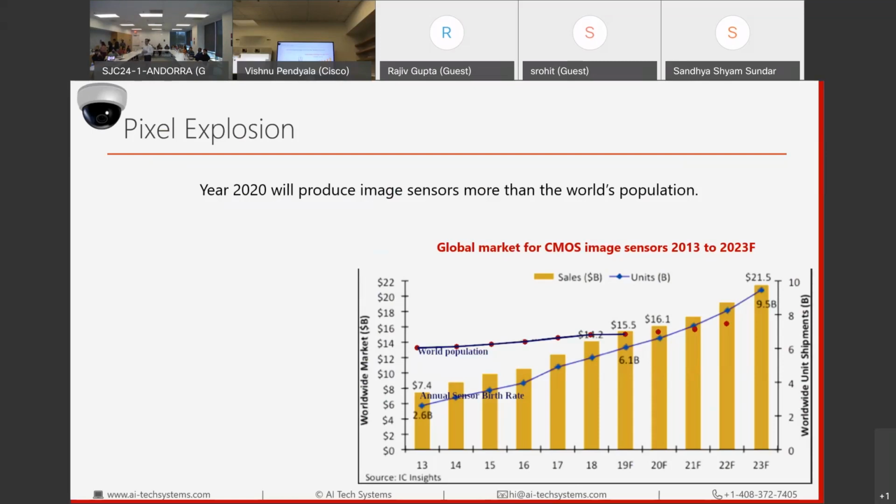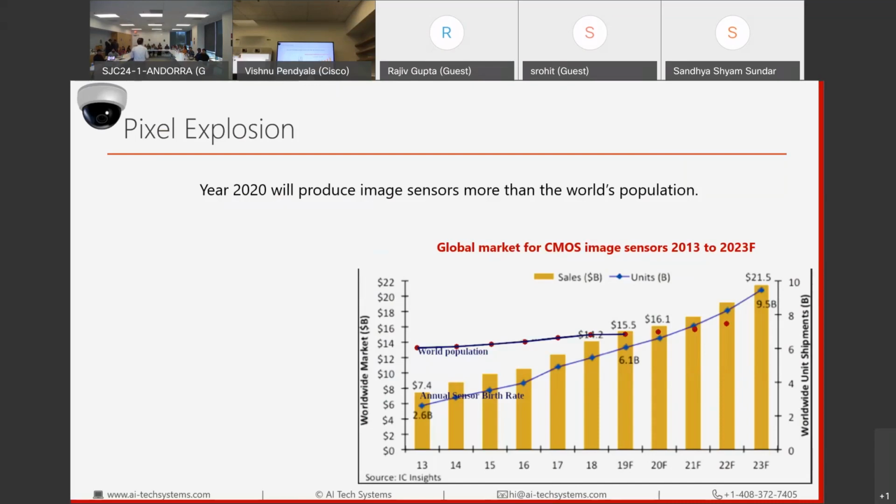And those sensors are becoming cheaper by the day. Now, why is that important to deep learning or vision? Every sensor is capturing some form of pixels, right? The data is being generated and consumed by a server either in the cloud or on the edge, right? So that sheer number on the right-hand side is your population, which is 2 billion, 4 billion, and up to 10 billion, right?